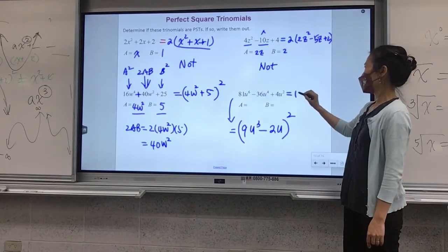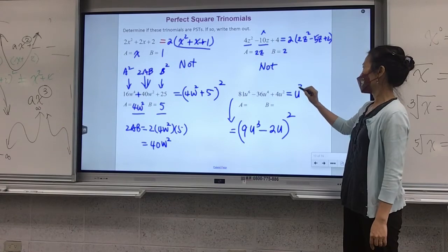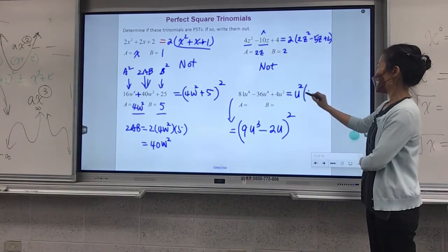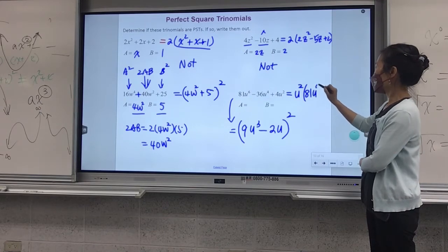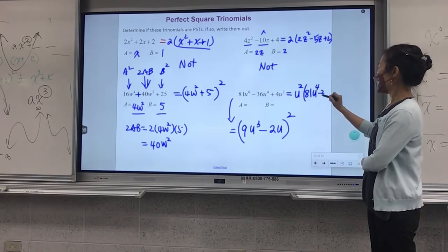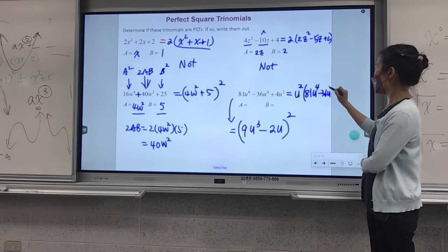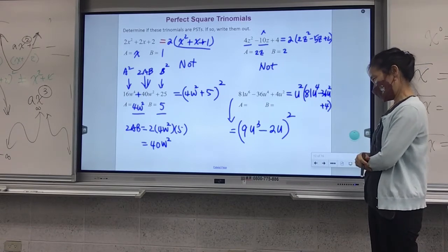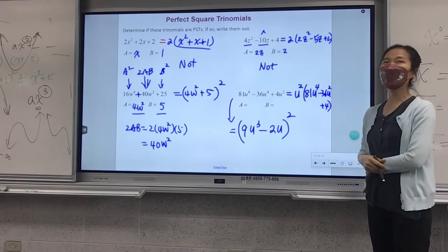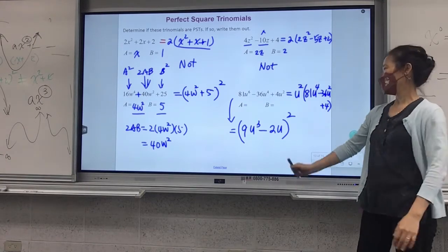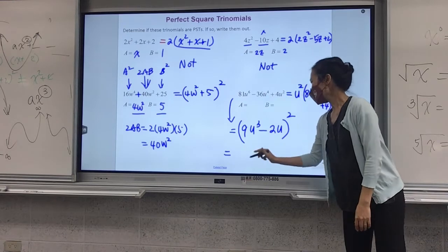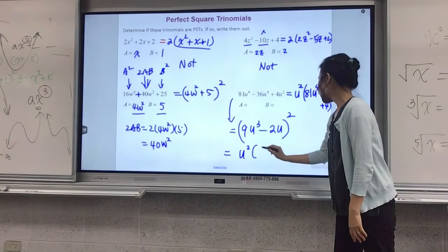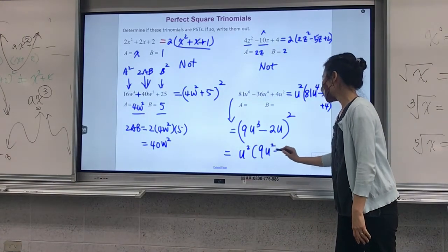You can factor out u squared, 81 u to the fourth. But can we keep going, like factoring the difference of squares? It's already done here. You can actually take out the u squared. It's actually 9u squared plus 2.